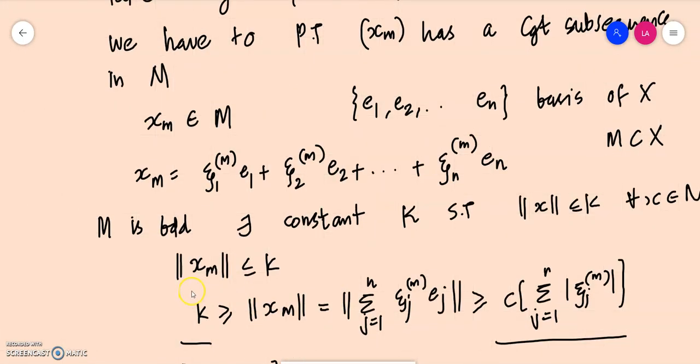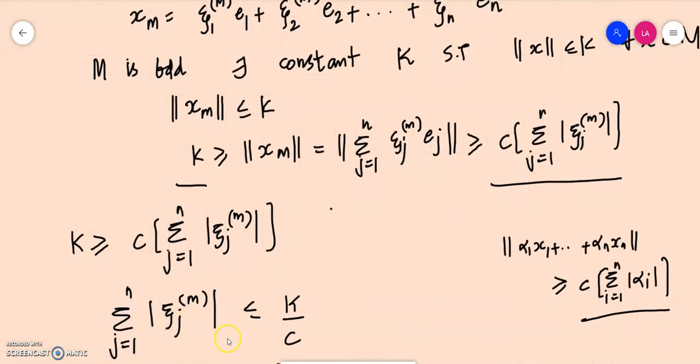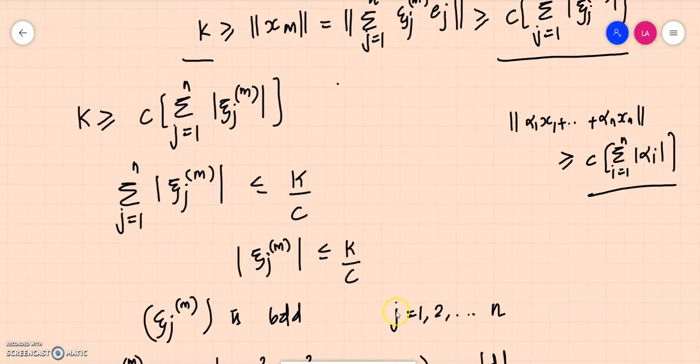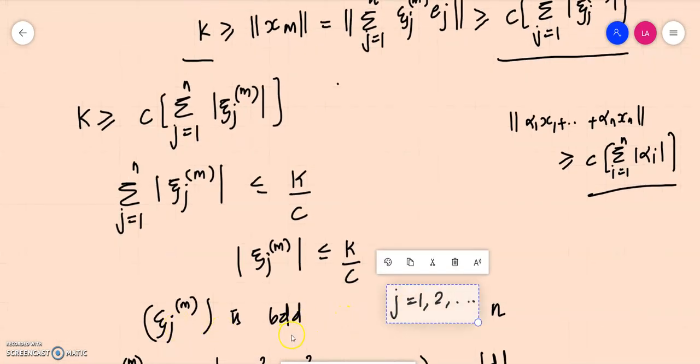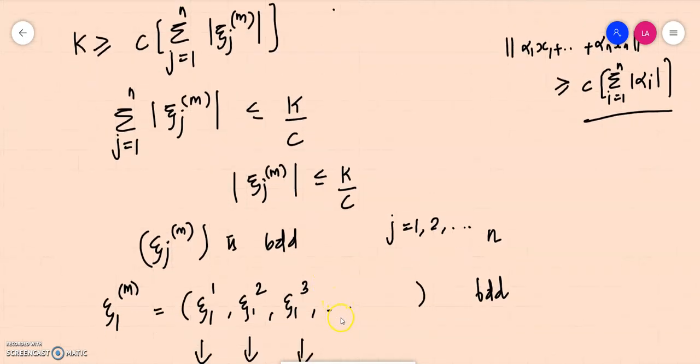And since M is bounded, norm of xm should also be bounded; it should be less than or equal to K. From that, we can establish that each of the sequences theta jm, where j varies from 1 to n, is bounded. So theta jm is a real sequence. The theta j are coefficients which are taken from the underlying field.